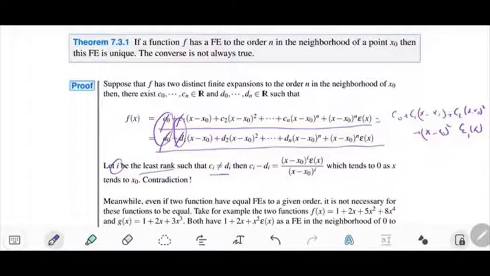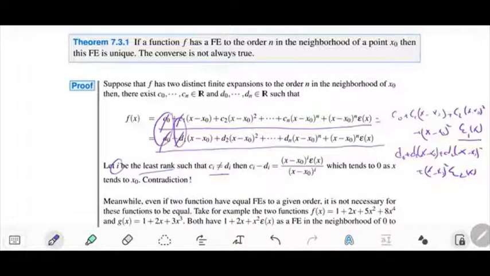This will be something that goes to 0 when x tends to x0, and I will do the same in the other expansion. So I will have d0 plus d1 (x minus x0) plus d2 (x minus x0) squared plus (x minus x0) squared times epsilon 2 of x, right?